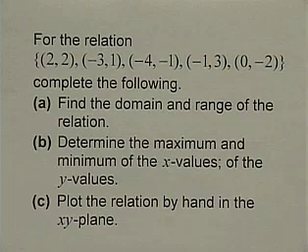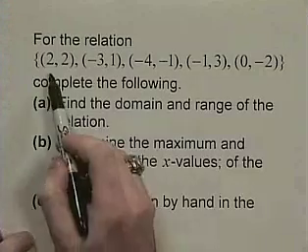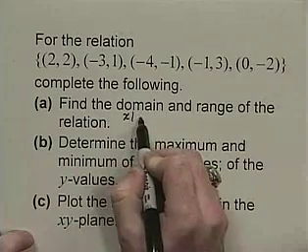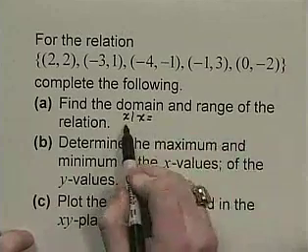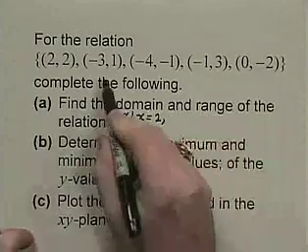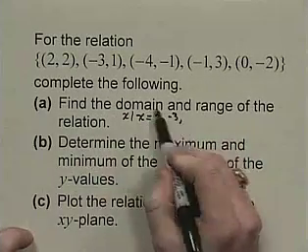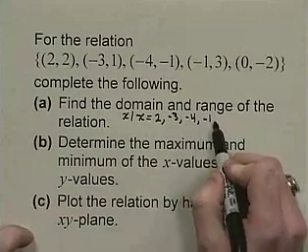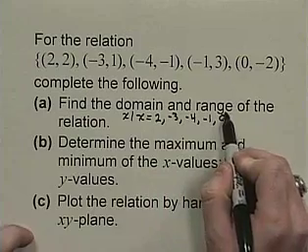Let's start with A, domain and range of the relation. Remember, domain is all the possible x values. So let's look at the ordered pairs and find the x values. Here's a 2. This is the set of all x such that x is equal to 2, -3, -4, -1, and 0.